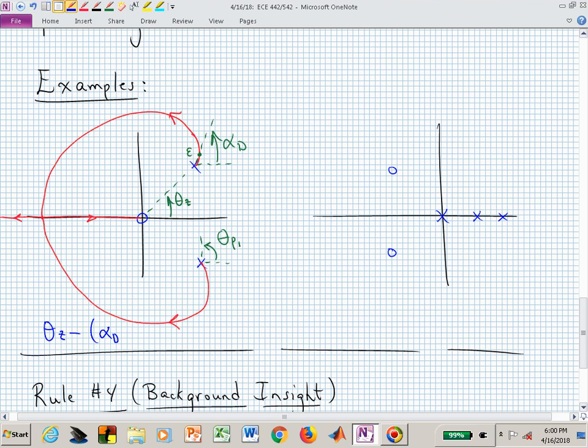I'm assuming I'm on the root locus, an epsilon distance away, and so that angle will be alpha sub d, plus theta sub p sub 1, is equal to minus 180 degrees. So if this was drawn to scale, I would say theta sub z is 45, minus alpha sub d, minus 90 degrees, equals minus 180. I've now calculated my departure angle.